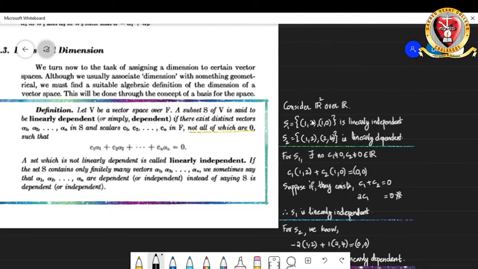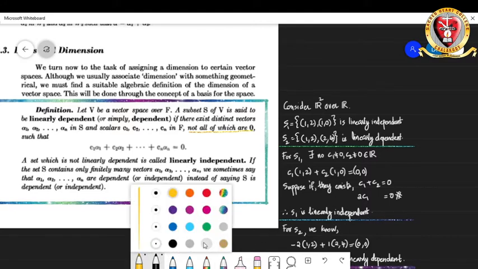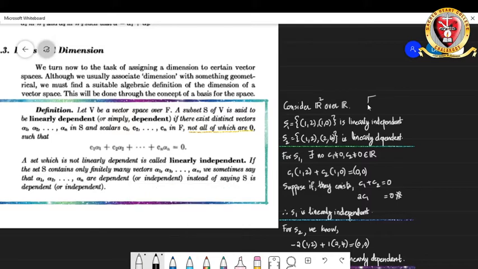The definition can be easily understood from this example. Suppose we are considering the vector space R2 over R, or according to our notation here, it can even be called F2 over F. Both are the same as we move along the textbook.